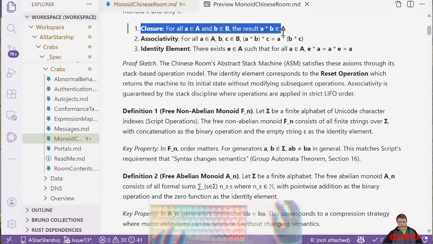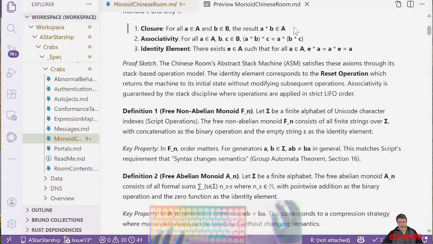Okay. So closure means it's going to end up in a valid state basically. It's going to end up in one of the members in the first group. So you can add things that are not. I'm not sure why it doesn't have to be in B. I'd have to pull up my math book and look.